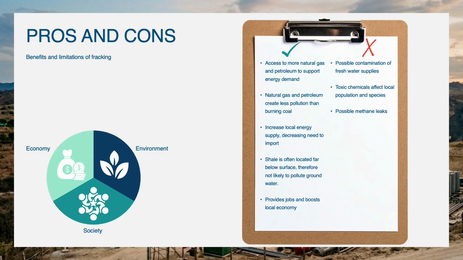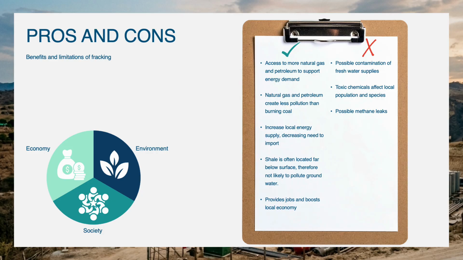Methane leaks are another worry, because the natural gas that can be harvested is mainly methane, and methane is a powerful greenhouse gas. If methane leaks during drilling or extraction or transport, it can contribute to climate change.